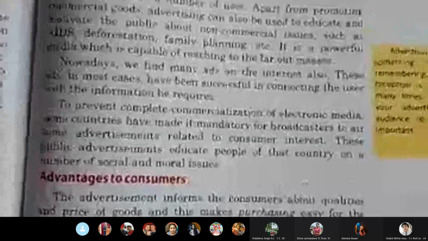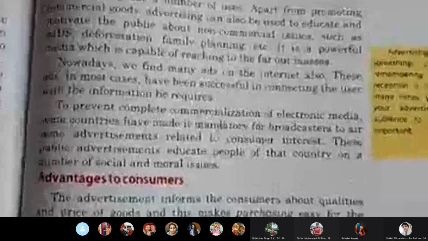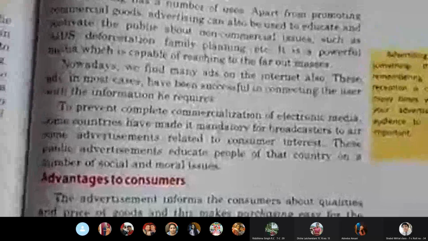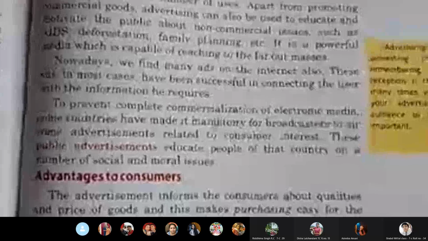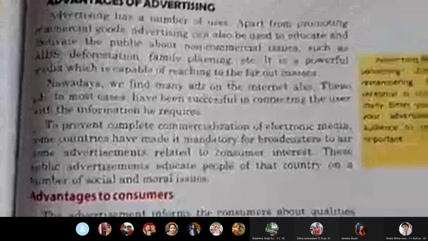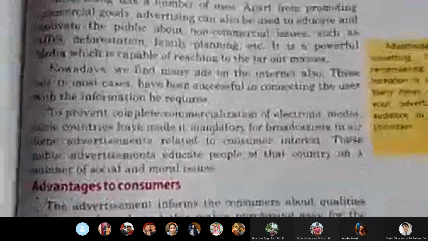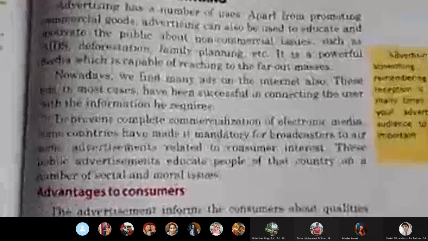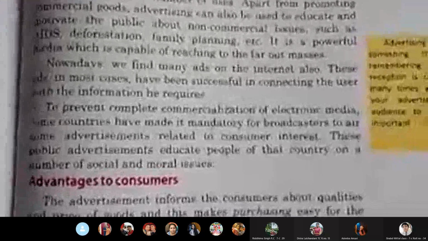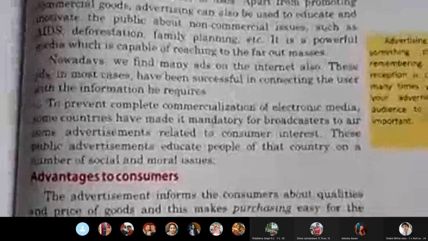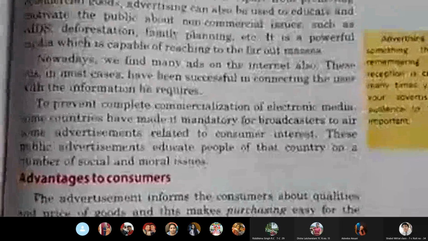to prevent complete commercialization of electronic media. Some countries have made it mandatory for broadcasters to air some advertisements related to consumer interests. Consumer interests means the things which are needed the most by consumers, like for gas, the gas connection, how can you attain that? Like for farming techniques, which pesticides, insecticides you should use.